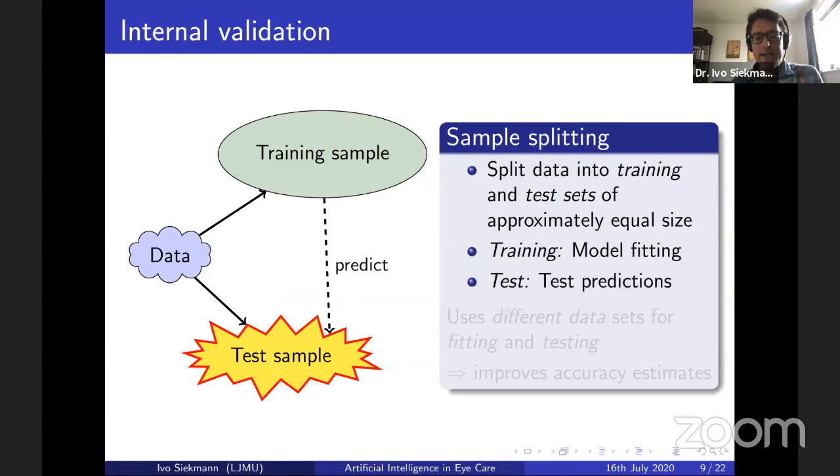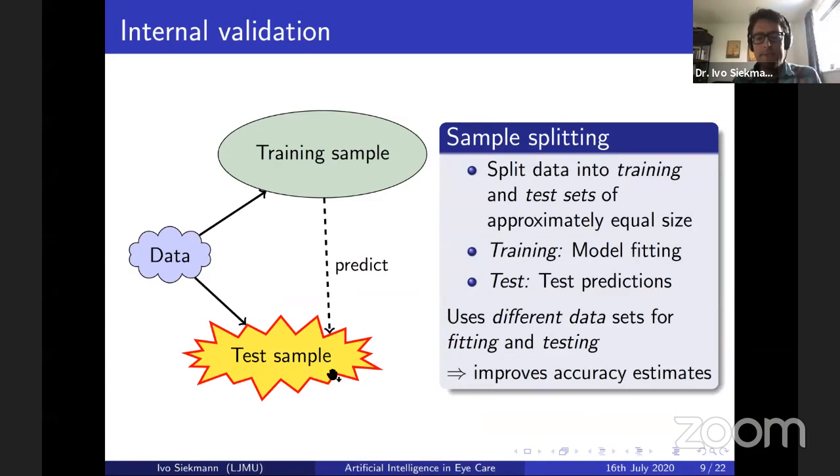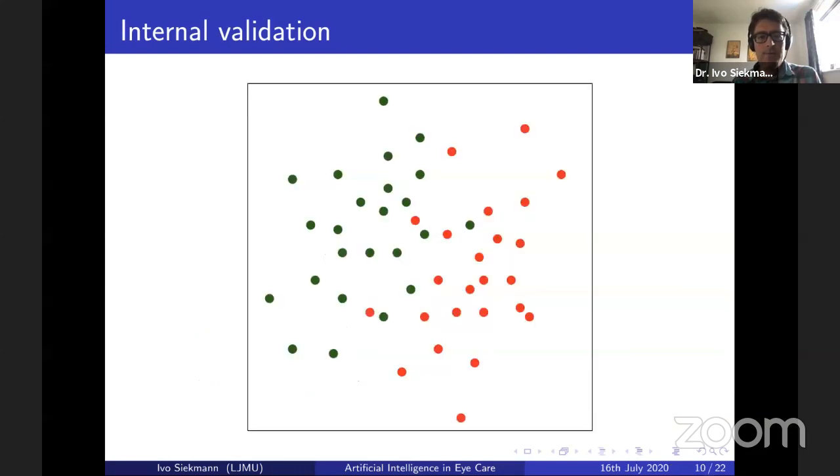Now, the advantage of this is that the test sample played no role in fitting the model that does the prediction. So the advantage is that we have, in a way, simulated the way of using our method for unseen data, and this should improve our accuracy estimate. So I would like to illustrate again with the same toy example how this works.